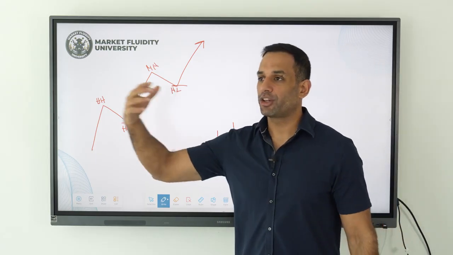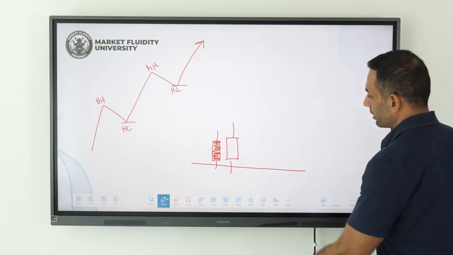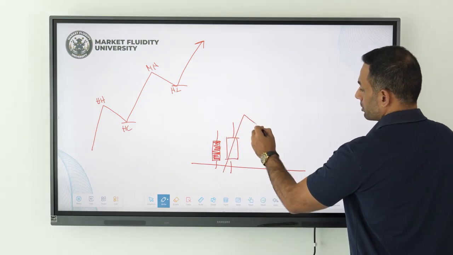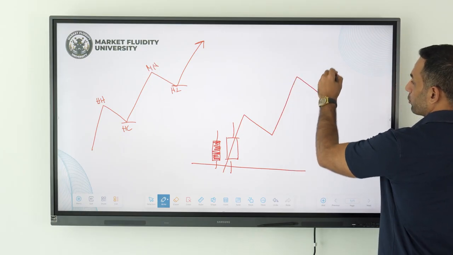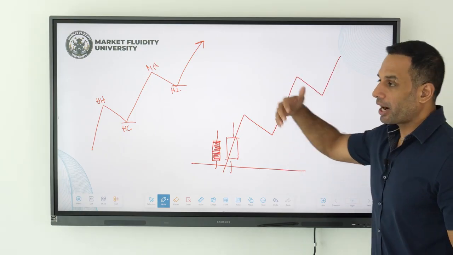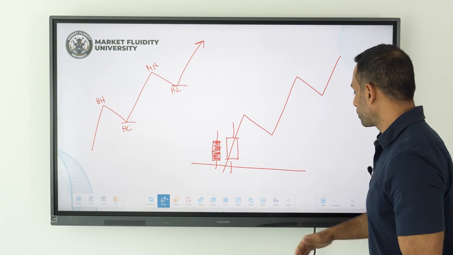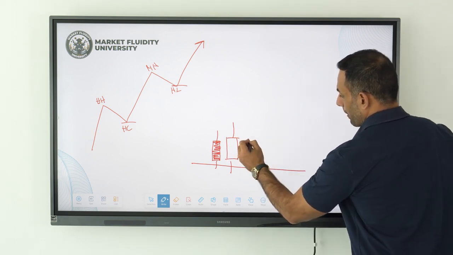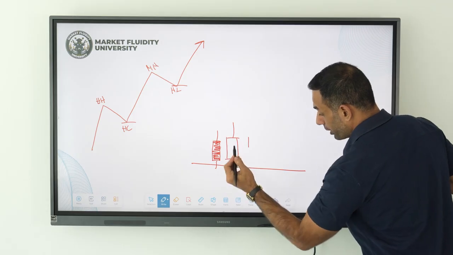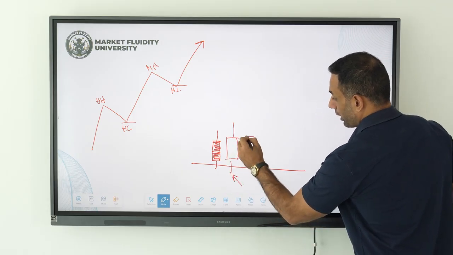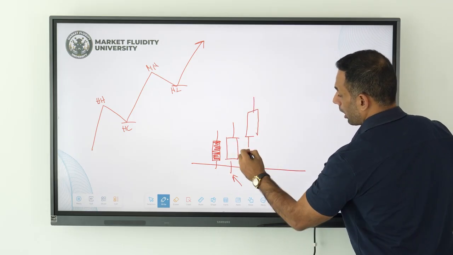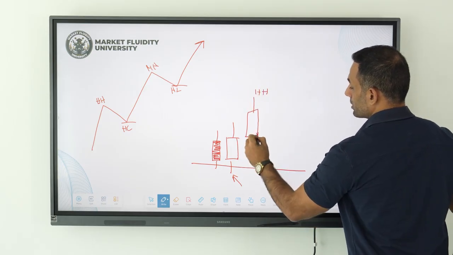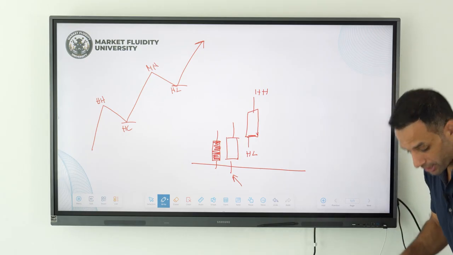And if you're saying that the trend is bullish, the next candle should now mimic a move something like this, where we continue to make higher highs and higher lows and we continue to push up. That's what should happen. So in essence, the next candle should respect this previous low and create a higher low and a higher high. In an ideal world, this is what the next candle should be doing.